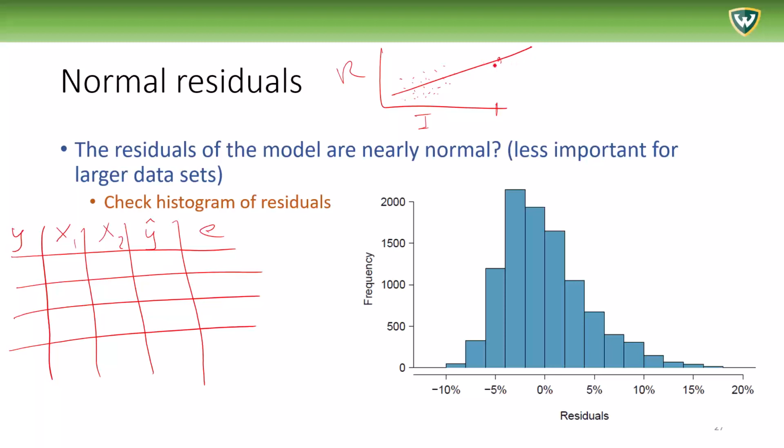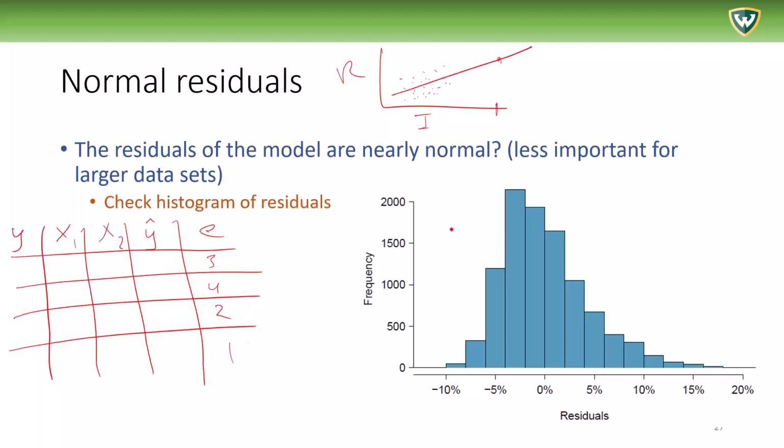Now, if it's all the way over here, we may not actually have a Y value for that, but given all the other predictor variables, X1 and X2, we can have a predicted value for all of them. And the error, the residual, is just Y minus Y hat.